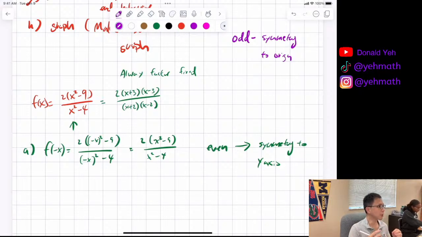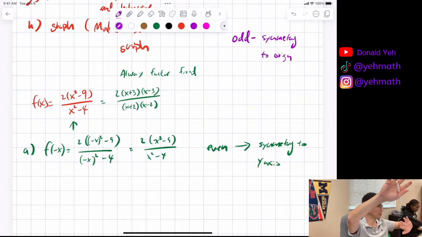But symmetry to origin is basically you're gonna have opposite coordinates. So if one is on the fourth quadrant and one on the third quadrant, the thing is gonna be exactly copied at the first quadrant. So they are quadrant opposites. I don't know if that makes sense.